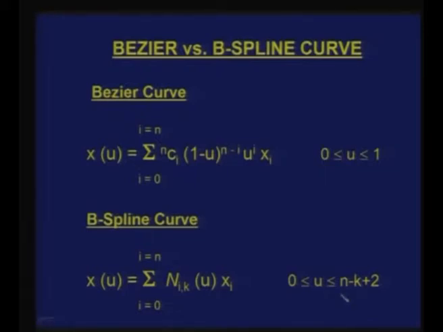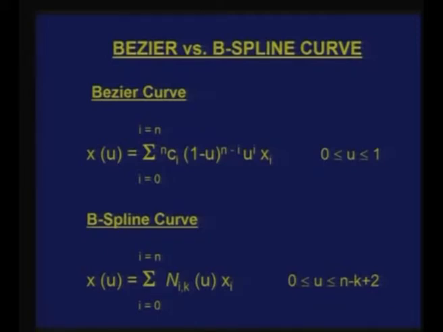Another difference you will see in the definition of this particular curve is that the parameter range is not from 0 to 1. Depending on how many control points I choose, and depending on the value of k which I choose, I will have a different parameter range.